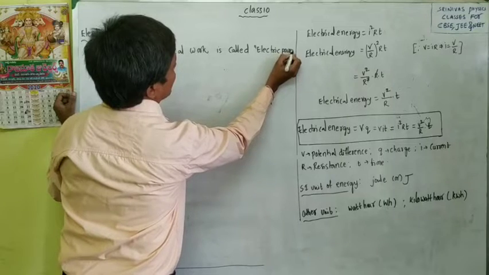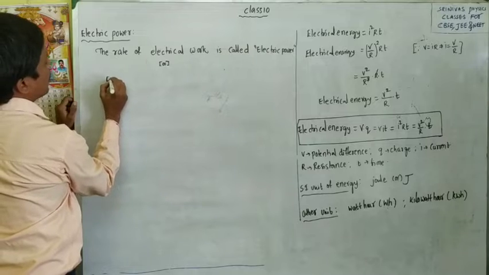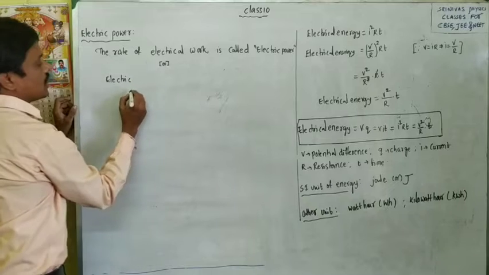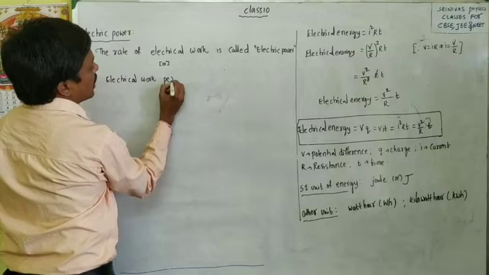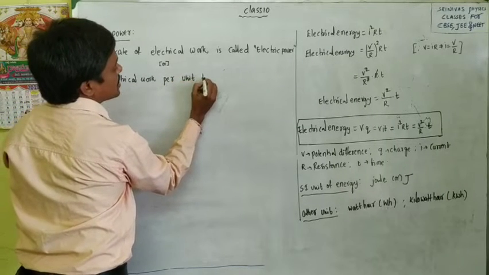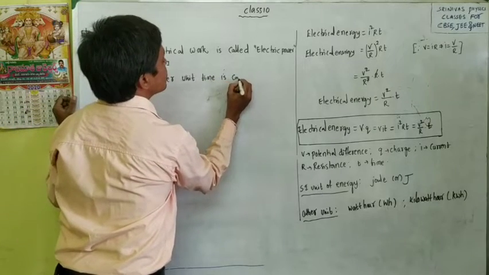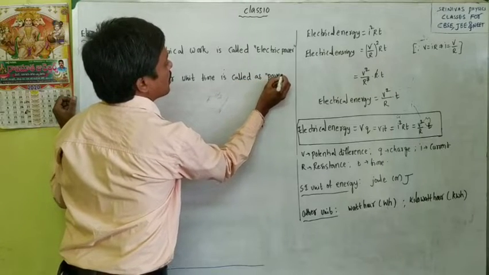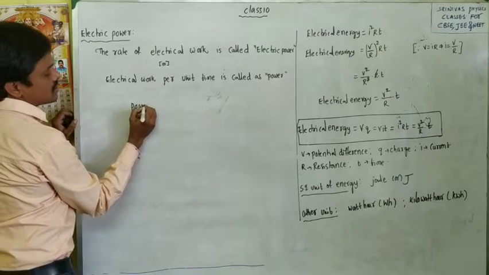We can also define it in another manner: electrical work per unit time. In 1 unit of time, how much electrical work is done. Electrical work per unit time is called power.